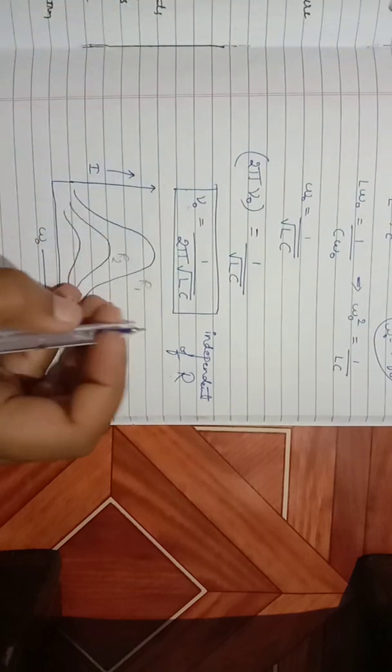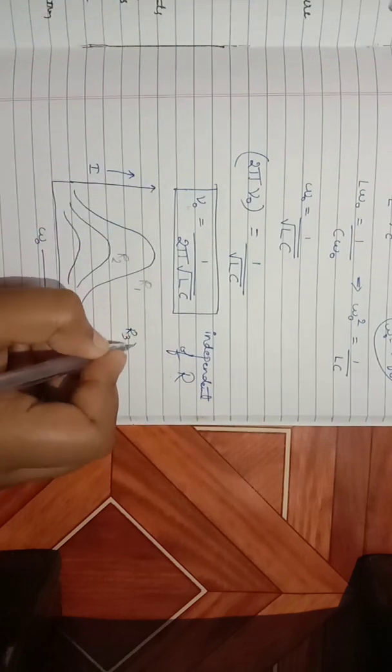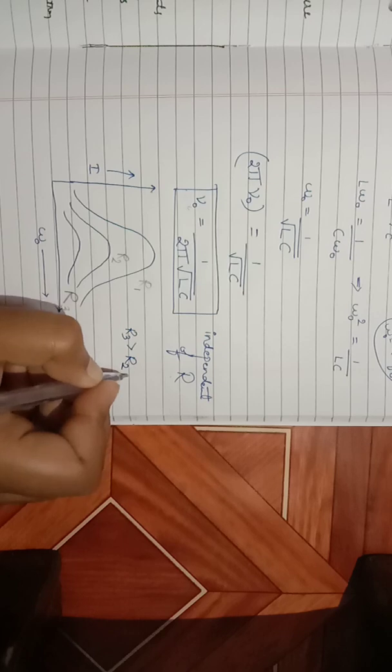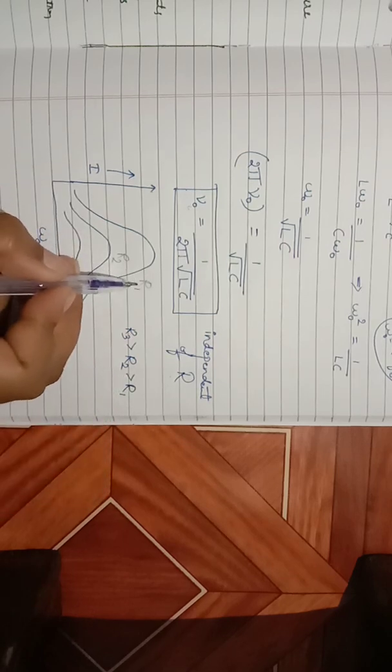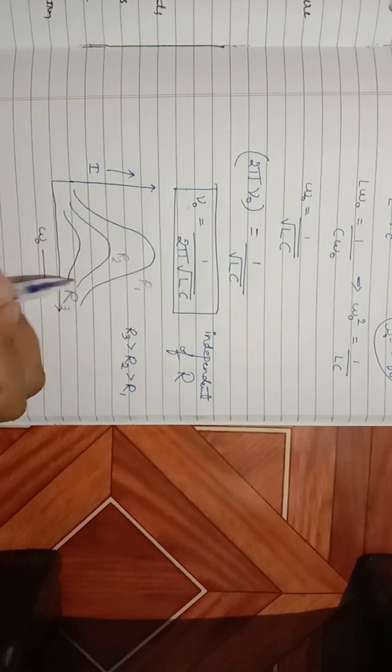The interesting thing I am going to tell you is R3 is greater than R2 and R2 is greater than R1. So R1 is the smallest, R2 is bigger than R1 and R3 is bigger than all.